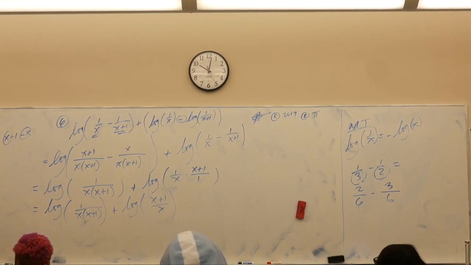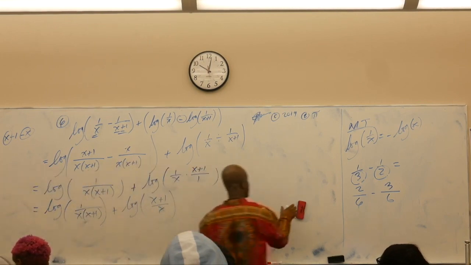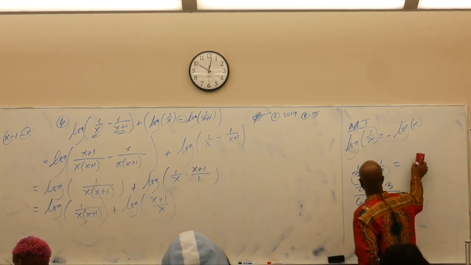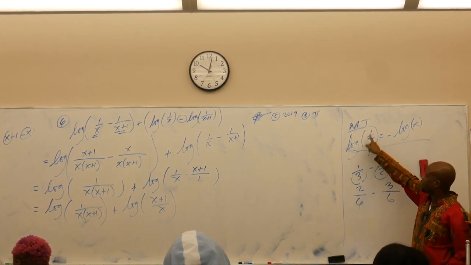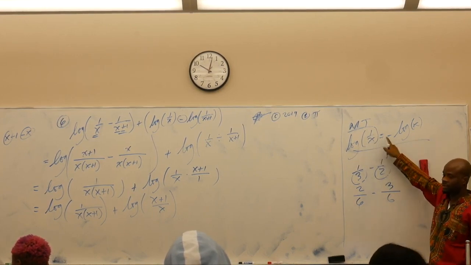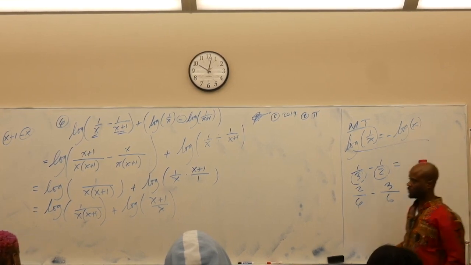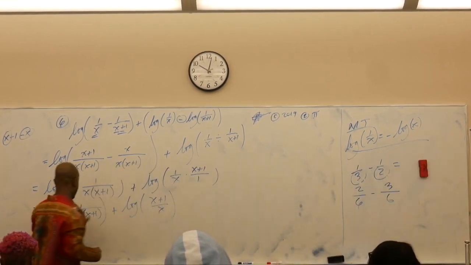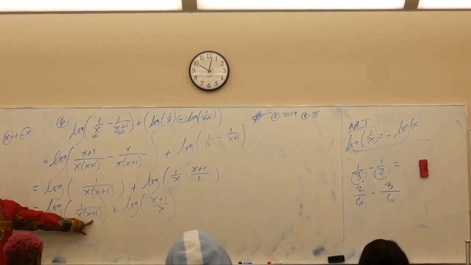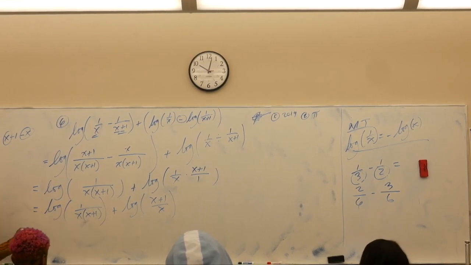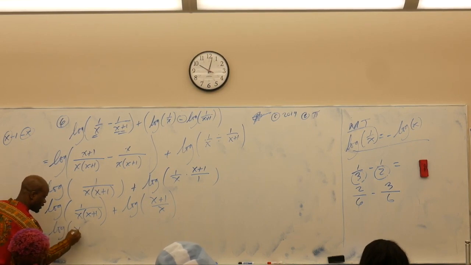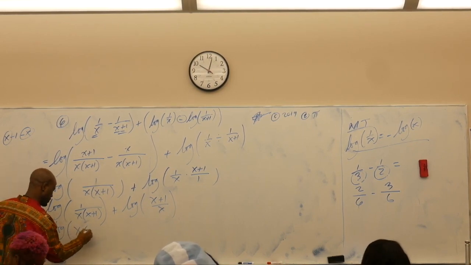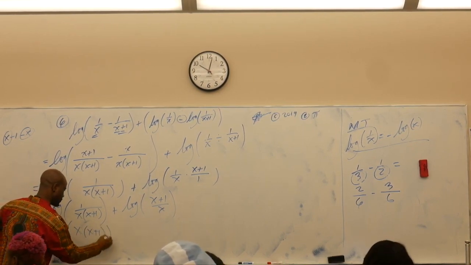Here's another Michael Jackson moment. Remember this property that says the log of 1 over x is just the negative of the log of x? Here's our 1 over x. Which is just negative log of x times x plus 1.